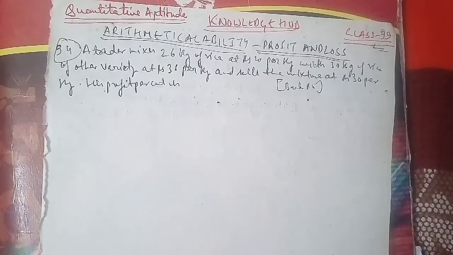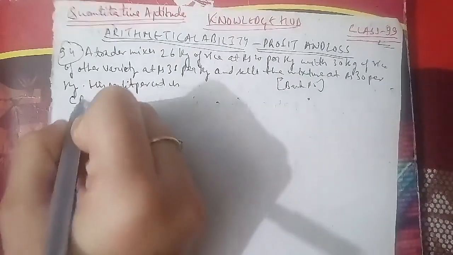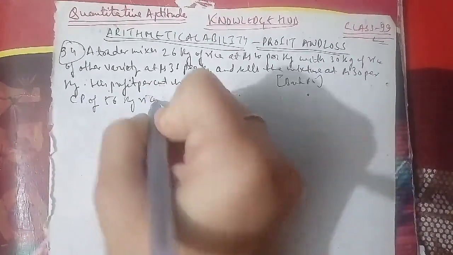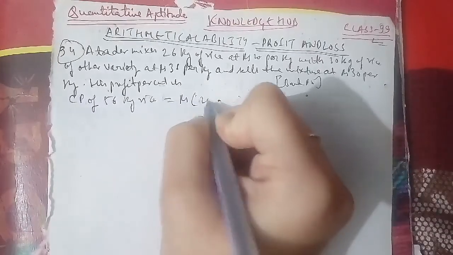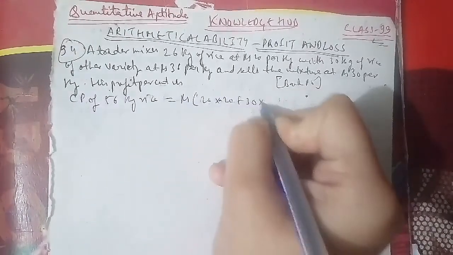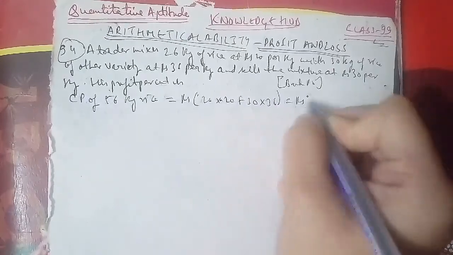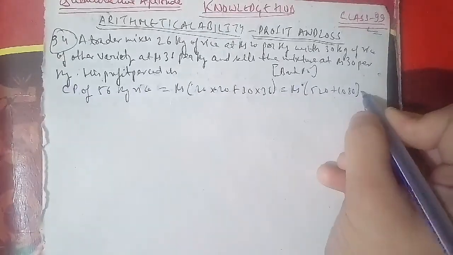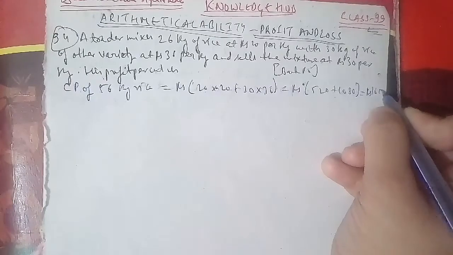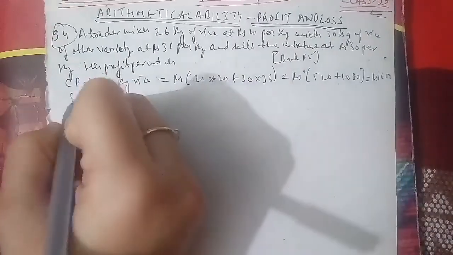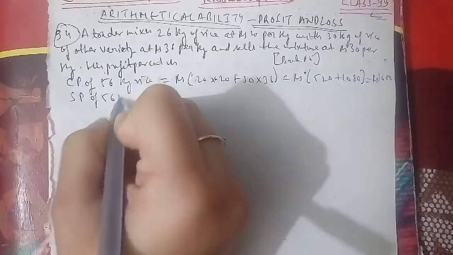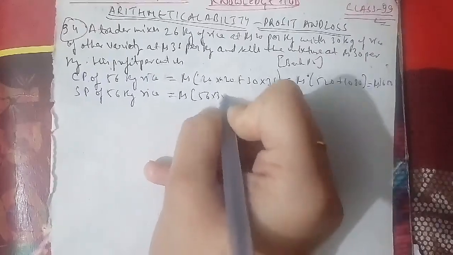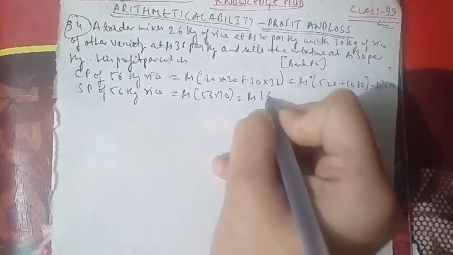The cost price of 56 kg rice equals rupees 26 into 20 plus 30 into 36, which equals rupees 520 plus 1080, which is rupees 1600. The selling price of 56 kg rice equals rupees 56 into 30, which is rupees 1680.